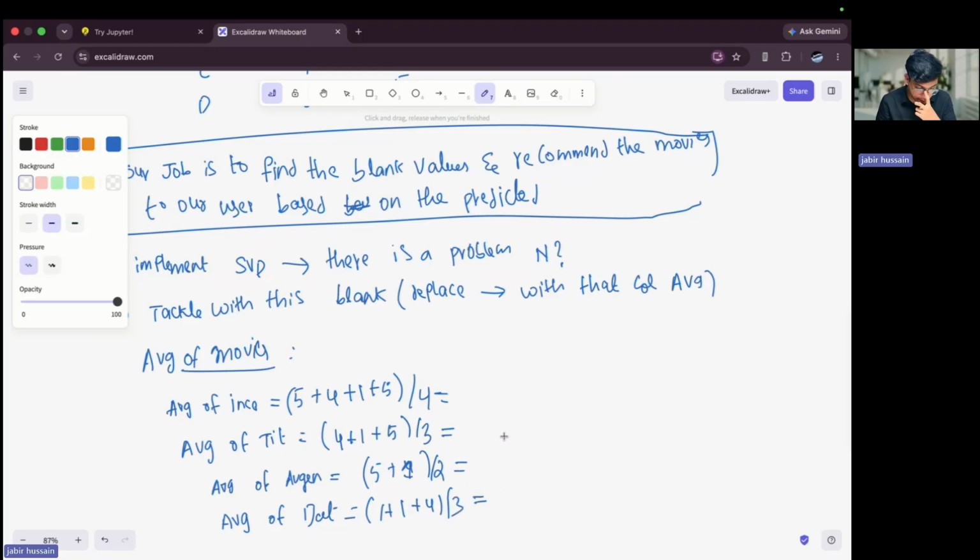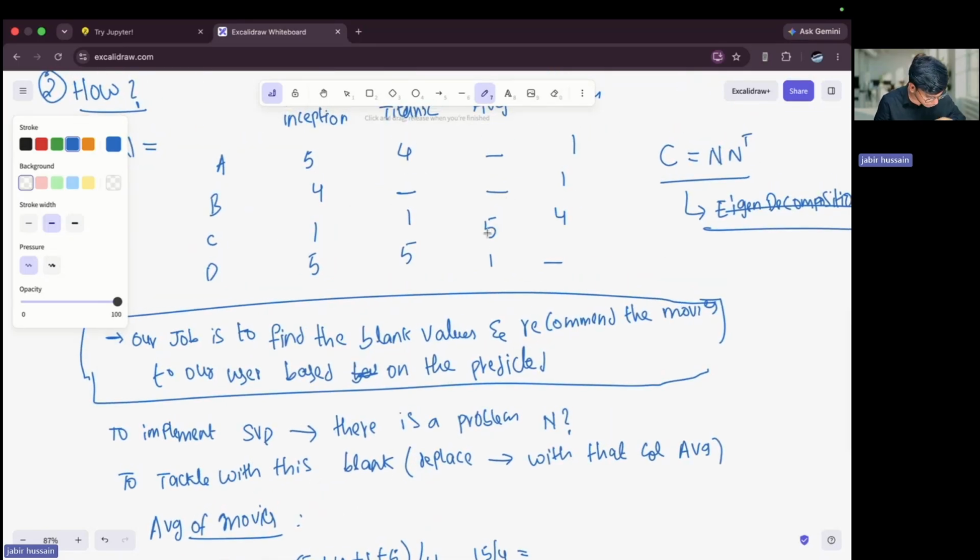So calculate the averages. This will give 15 divided by 4, and this will give 5 plus 5, 10, divided by 3. Are we sure this is 5 comma 1? I think we are sure, this is the matrix we got.